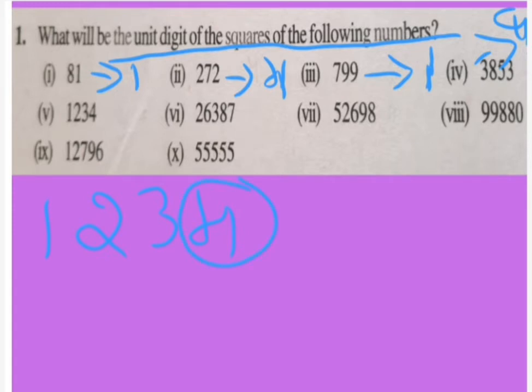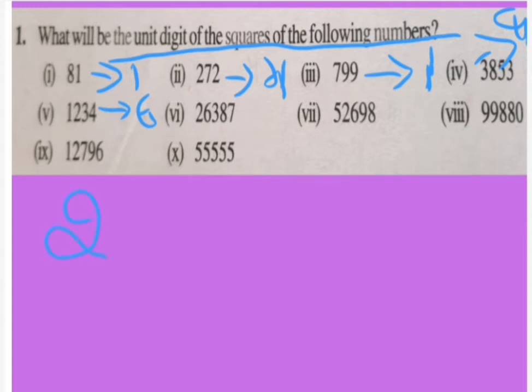Unit place is 4. 4 square is equal to 16. Here it is a double digit number, so take the unit place only. So here you are going to get 6 in the unit place of the square of 1234. Then 1233. Like this we can do it for all the questions.